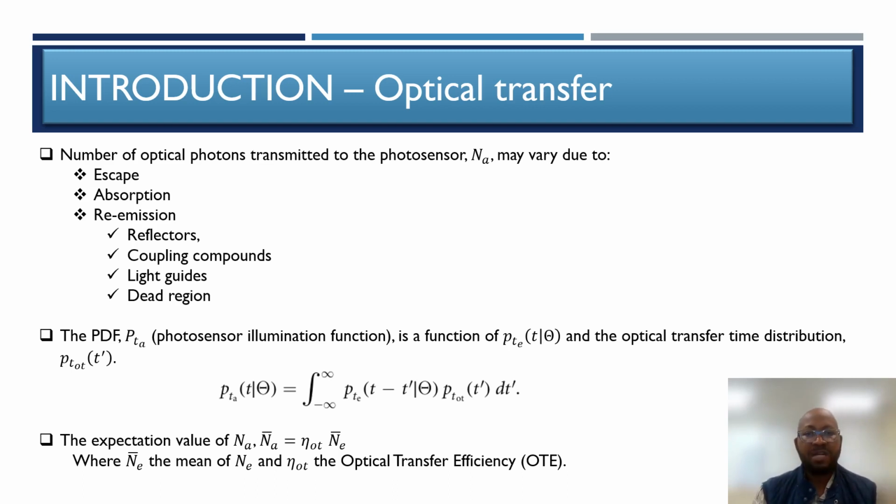The number of optical photons that actually arrive at the photosensor can also be statistically determined by the distribution function P subscript T, where the expectation value of the number of optical photons arriving at the sensor is given by the expression Na = eta times the expectation value of the number of optical photons emitted by the incident annihilation gamma.